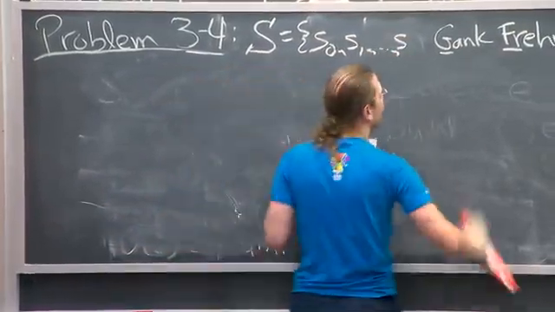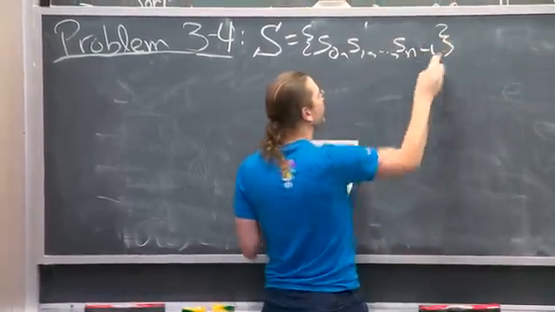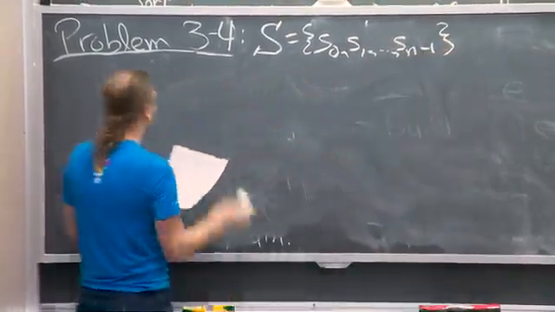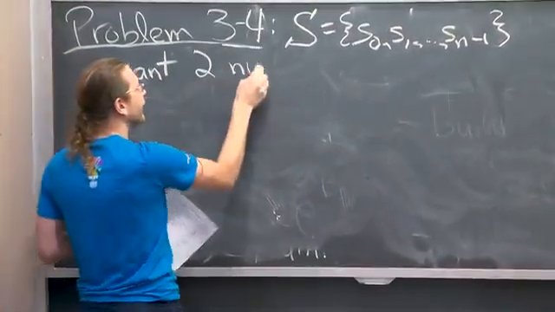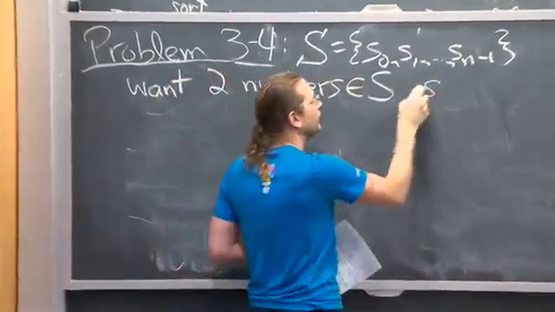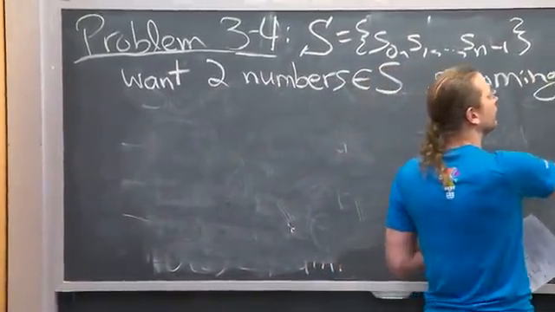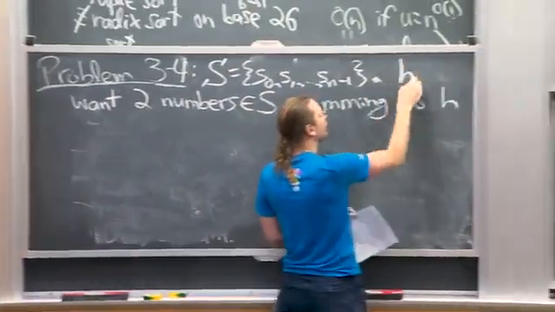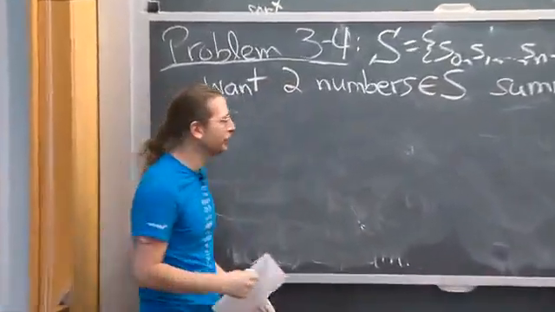S has n elements, indexed 0 to n minus 1. And we want two numbers in S summing to h. This is the side length, not the number of sides. So, a cube.